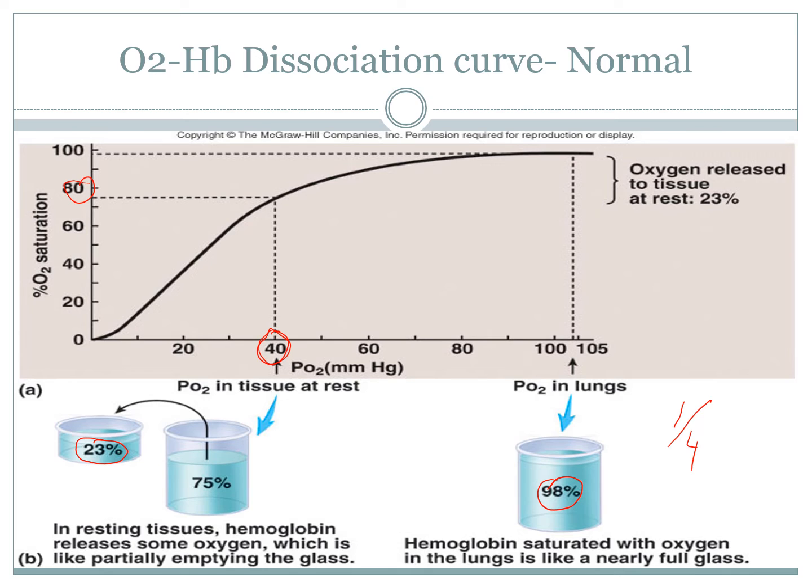Now, if for some reason your partial pressure of oxygen decreases, it will not have enough pressure within itself to transfer to the tissue. And as long as there's enough oxygen coming in at the lungs, it'll be able to refill itself.